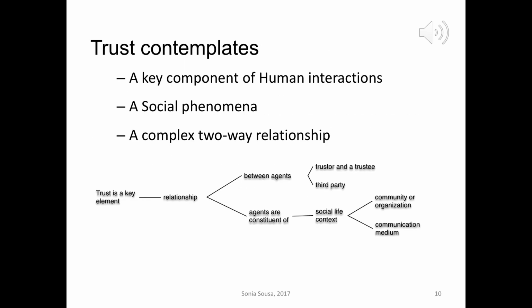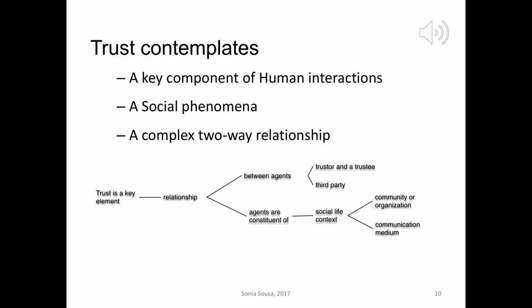In a very simple way, we believe that trust is a key component of human interactions, because it's a social phenomenon and it involves a complex two-way relationship. This means, if you look at this schema, that trust is a key element of a relationship.